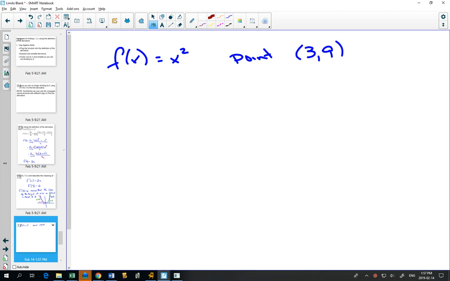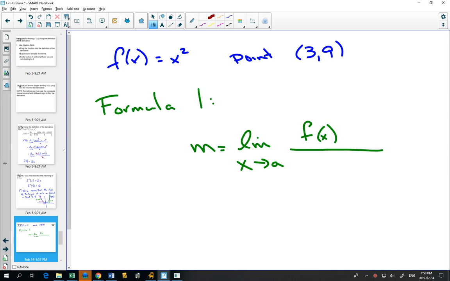The first thing we did, we had formula number 1 for slopes, saying the slope was equal to the limit as x approached a of f of x minus f of a over x minus a. So what is our x value approaching? Our x value, in our example, when we wanted to find it at 3, 9, was approaching 3.